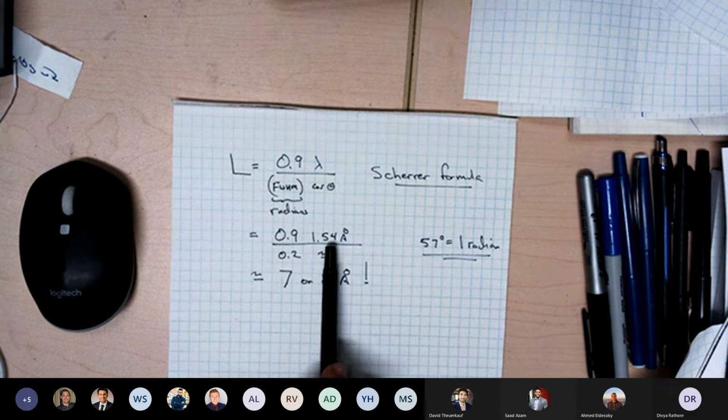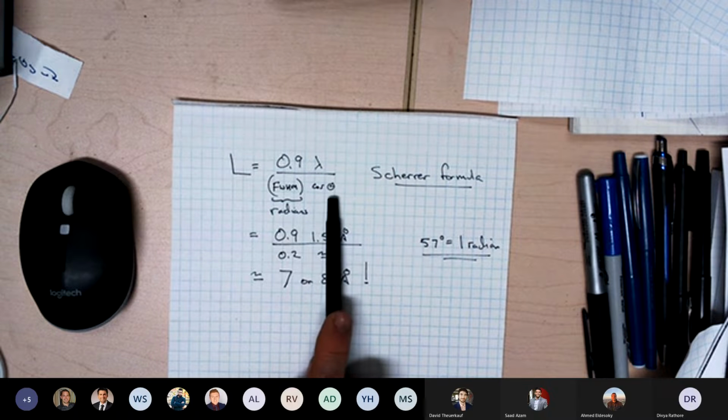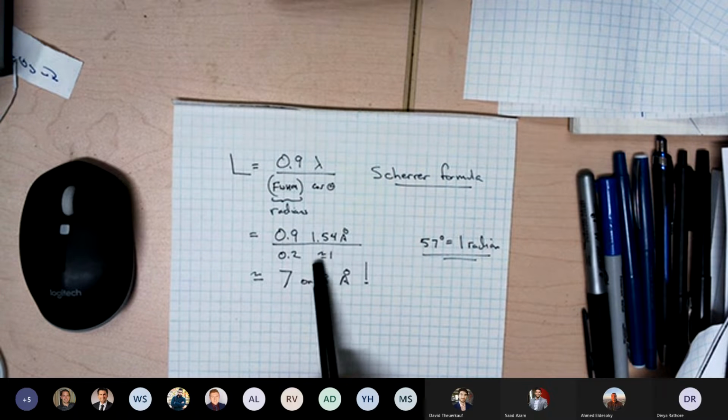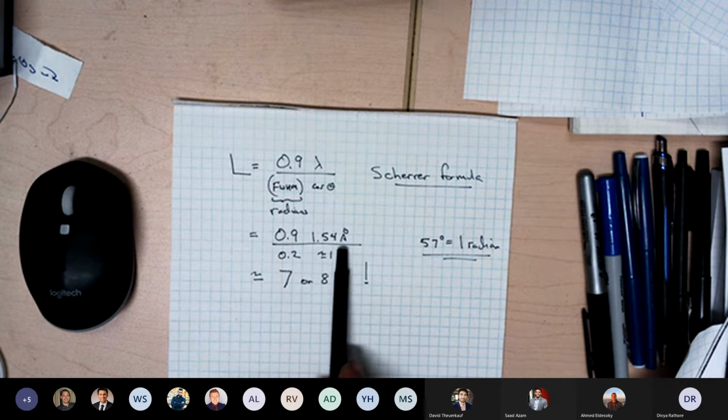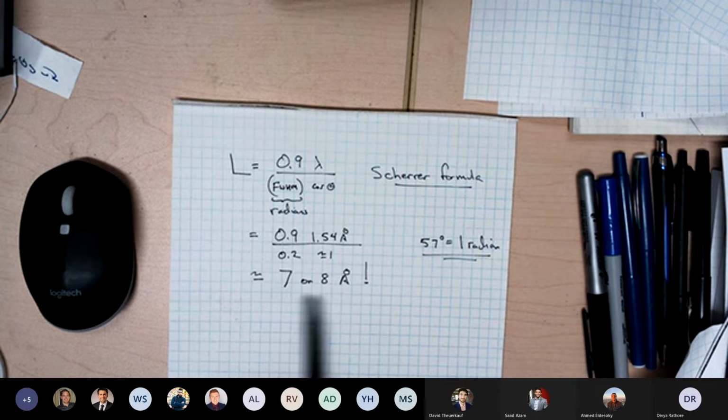And we use an X-ray wavelength of 1.5. The angle is around 25 degrees. That means theta is about 12.5, and the cosine of 12.5 is very close to 1. So if you work out this number, you get about 7 or 8 angstroms only.